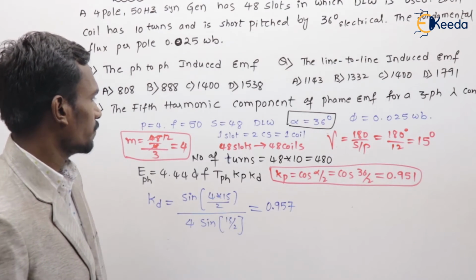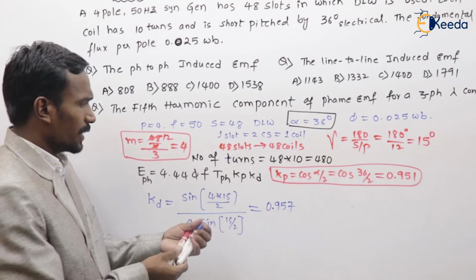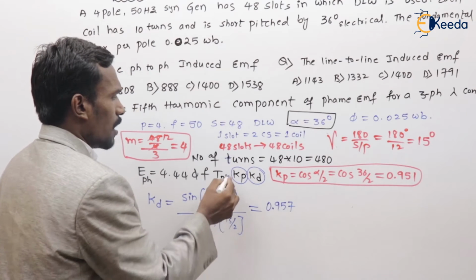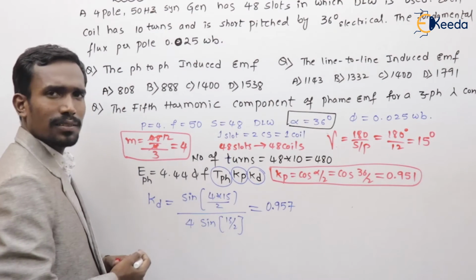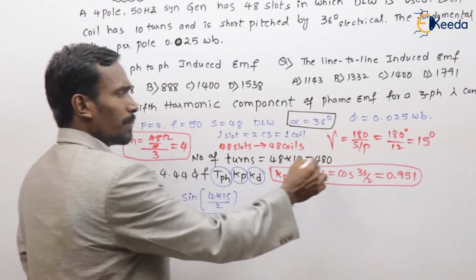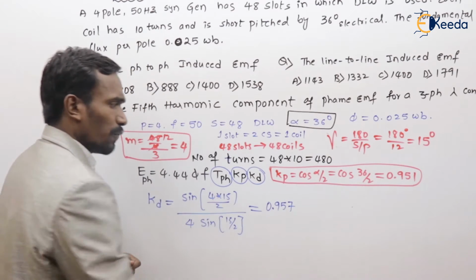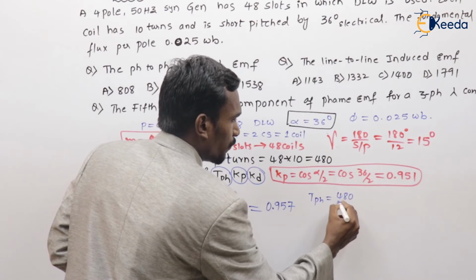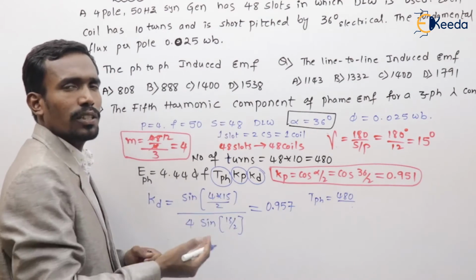Now I have the Kd value, Kp, and turns per phase. The total number of turns is 480, and this is a 4-pole 3-phase machine.